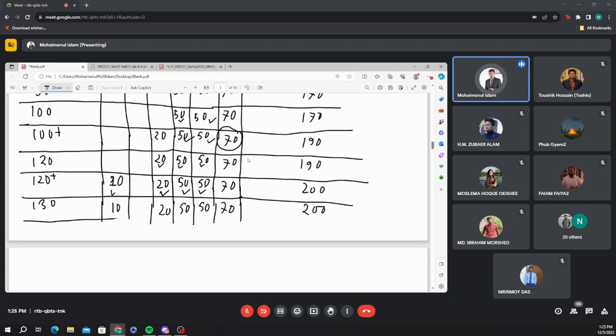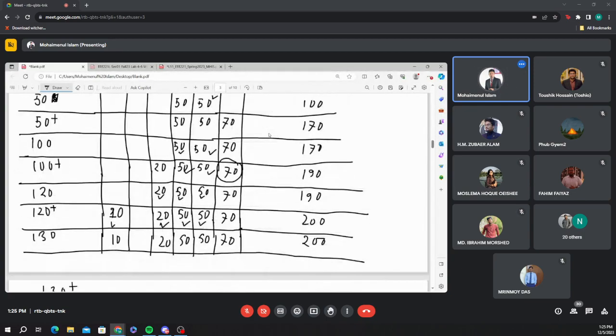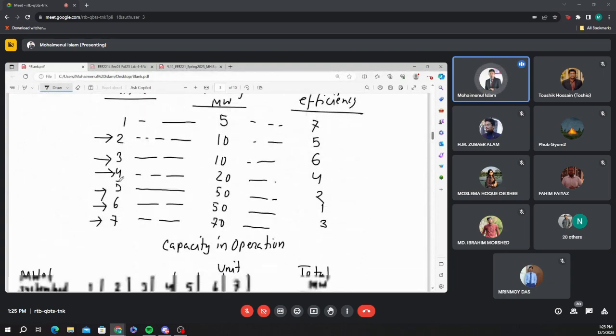But on top of that, if you increase the load demand to 130 plus, what will happen? If you have 130 plus, you need to turn on another unit. That means 140. So the next plant is 10 megawatt, the sixth generator. Turn on the sixth, second and third generator.